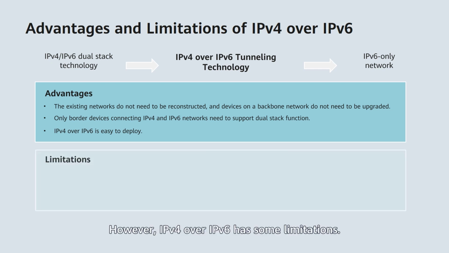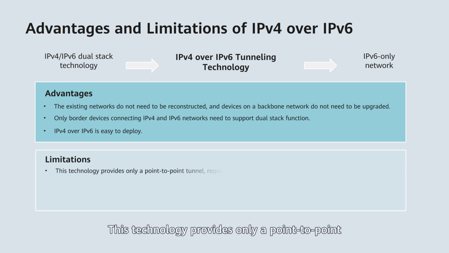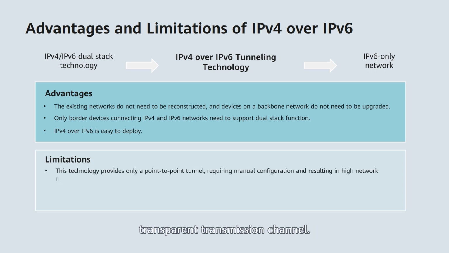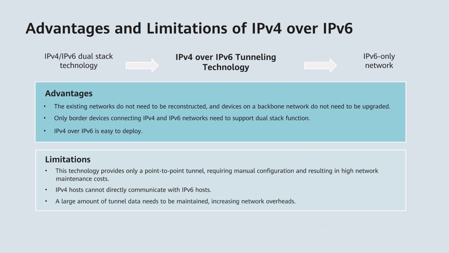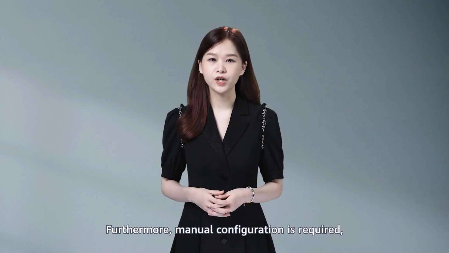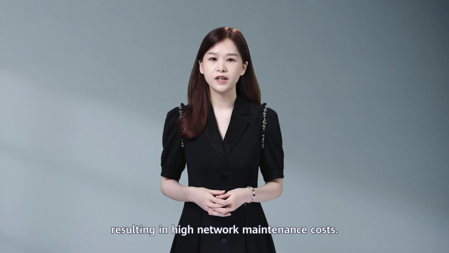However, IPv4 over IPv6 has some limitations. This technology provides only a point-to-point transparent transmission channel. In this case, IPv4 hosts cannot directly communicate with IPv6 hosts. Furthermore, manual configuration is required, resulting in high network maintenance costs.